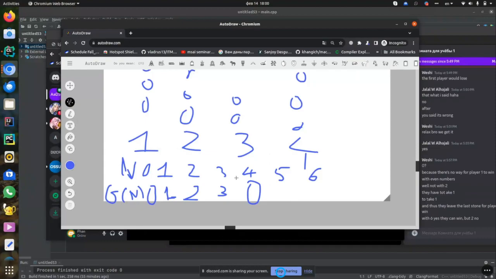So the next possible positions of the game are only three, two, and one. And the Grundy of four is the mex of 3, 2, 1, which is equal to zero.